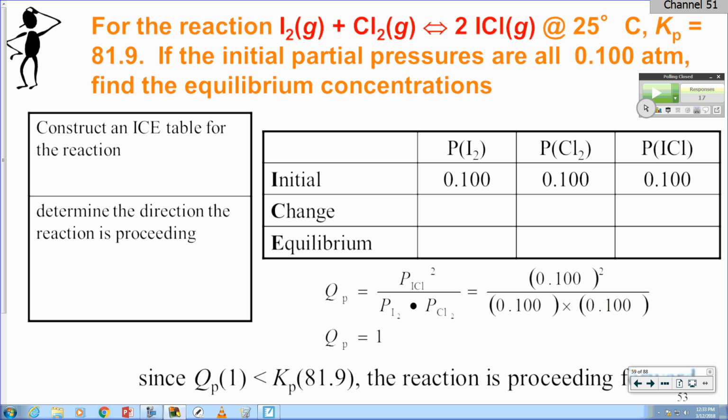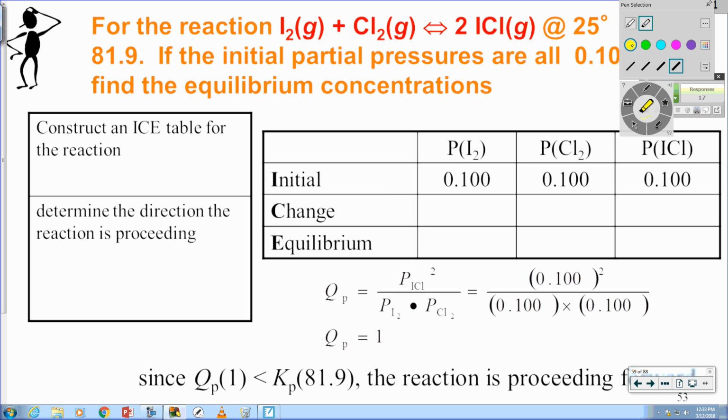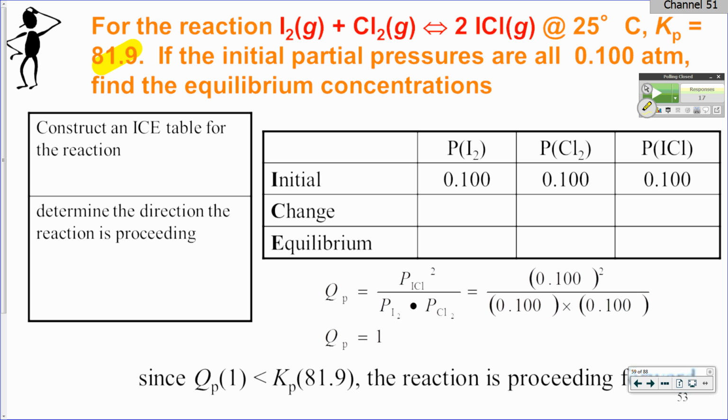It tells me the value of K sub P, which is right at 82, a little bit less than that. It tells me the initial pressures of all the gases are 0.1. I want to know what are the equilibrium pressures of everything.